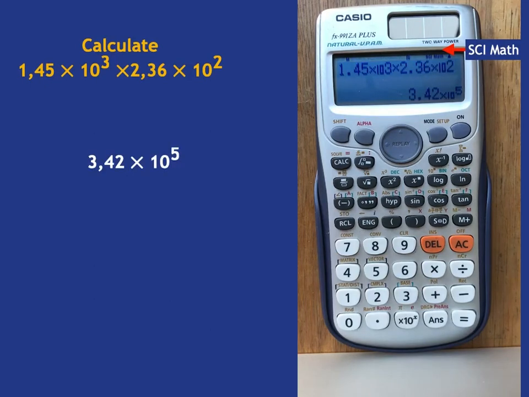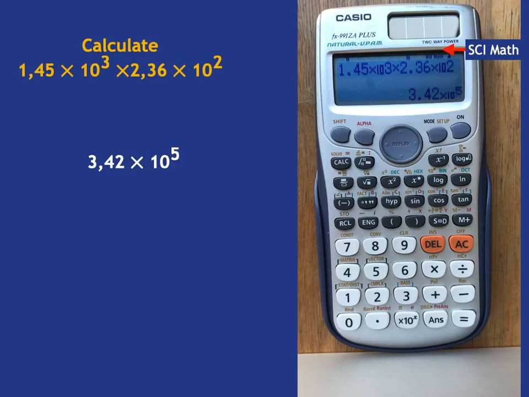Now if I wanted to put that answer back into our regular normal number form, well, I just need to change back out of scientific notation mode and it will immediately turn it into the right number.